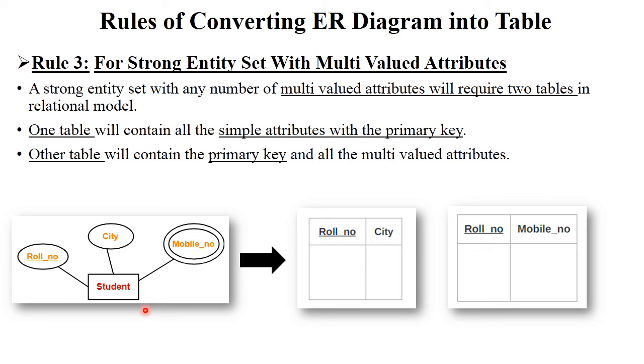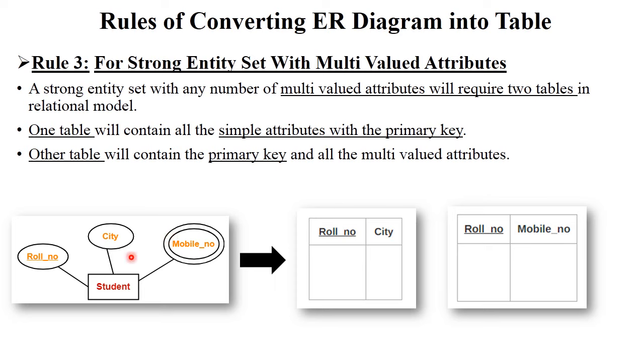See here. First, student is an entity and roll number is the primary key, then city and mobile number. The first table is related to student: skip the multi-valued attribute, so the remaining attributes are roll number and city. The second table is the primary key and the multi-valued attribute, roll number and mobile number.